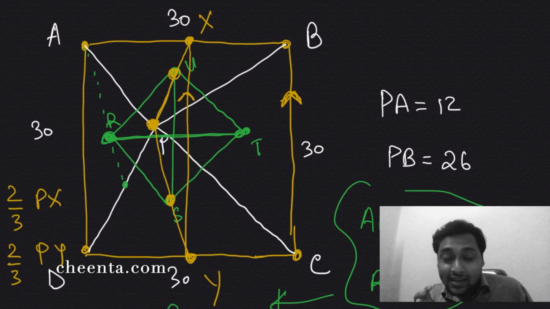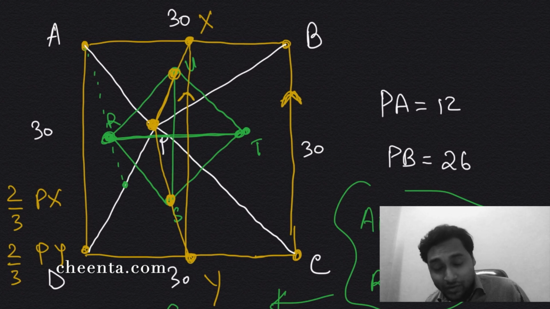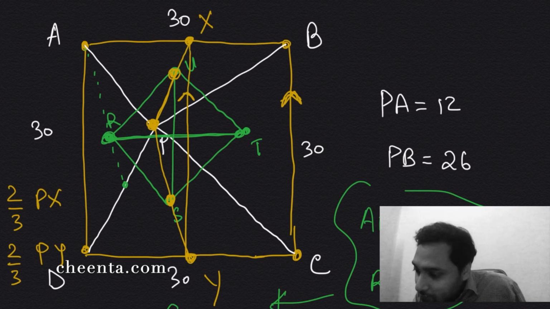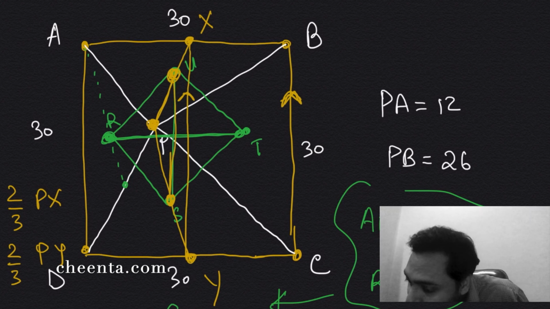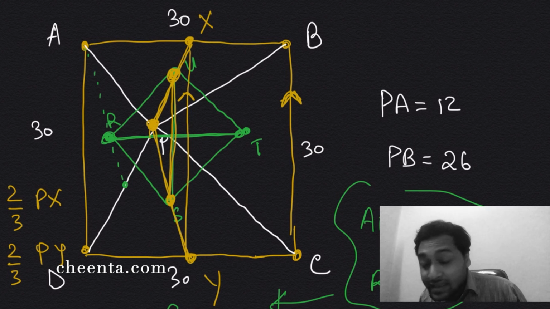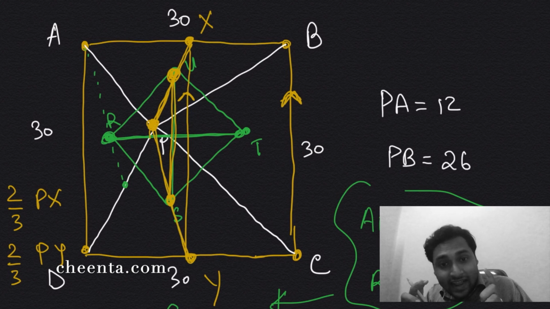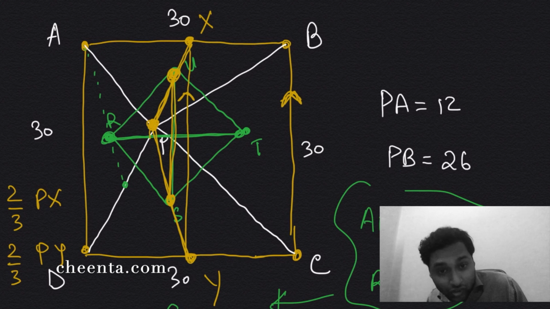We know this. This is also an established theorem in geometry. The centroid divides the median into 2:1 ratio. So what U and S are doing to PX and PY is dividing them into 2/3 portions.